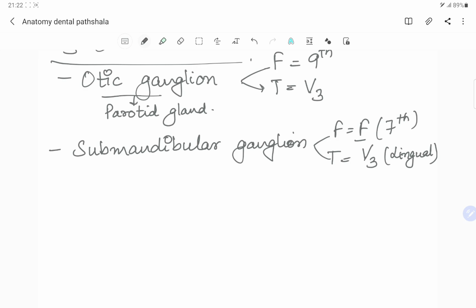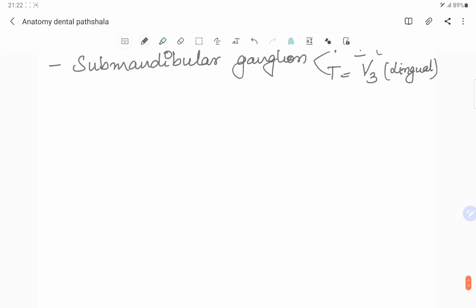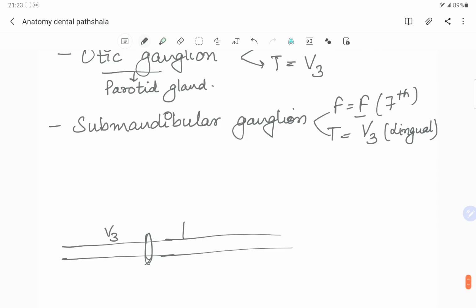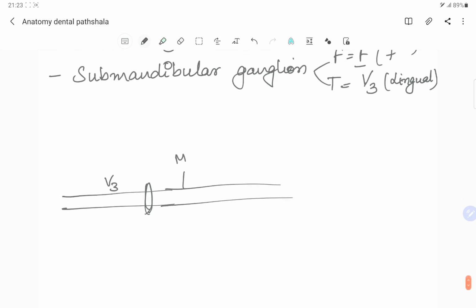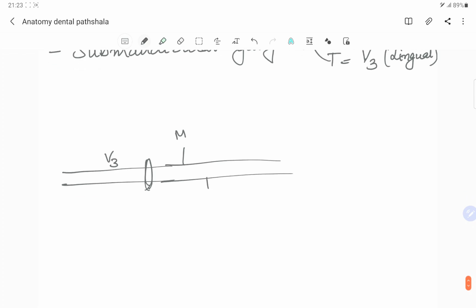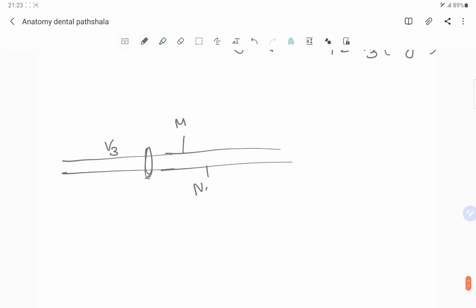So remember that in the mandibular branch, after passing from the foramen ovale, it gives off the first branch, which is our meningeal branch. Then it gives off one more branch, which is the nerve to medial pterygoid. Then it is divided into anterior and posterior.